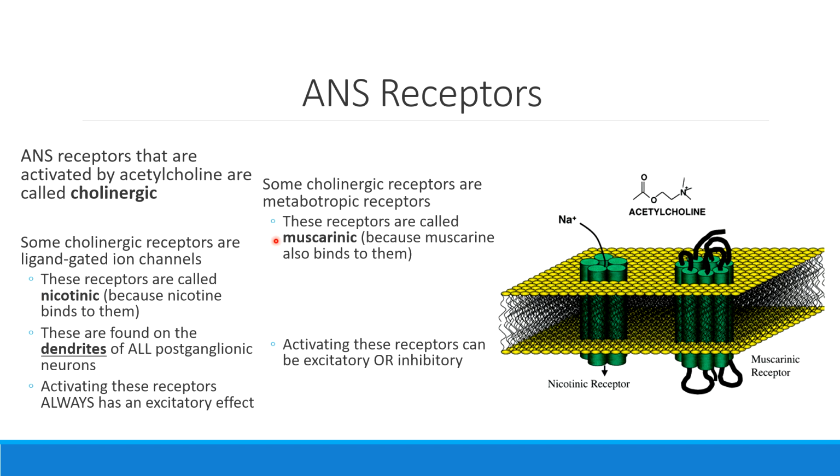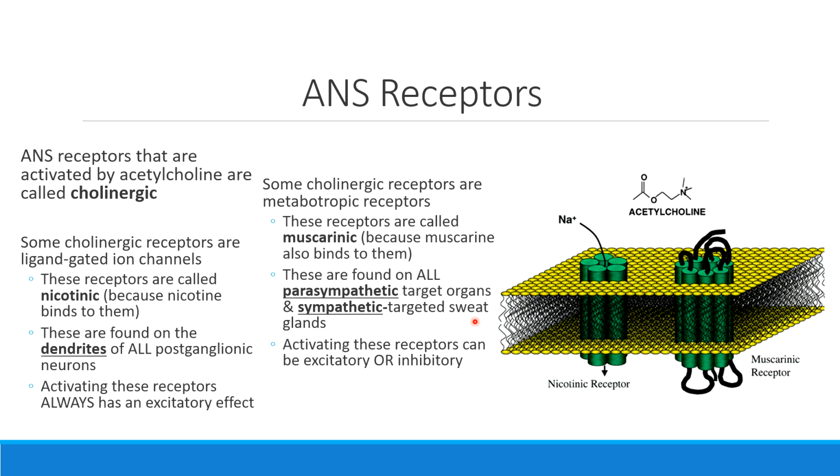When we talk about muscarinic receptors, the ones that are a little more complicated, we see these in some different places. For the parasympathetic nervous system, all of my target organs, so everybody who's part of the rest or digest response, will be covered in these muscarinic receptors. When we're looking at the places that the sympathetic nervous system uses this, we only find muscarinic receptors on the sweat glands that the sympathetic nervous system activates.